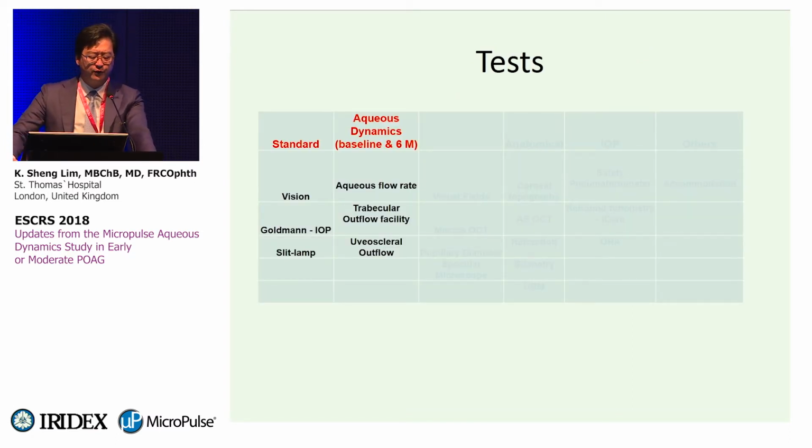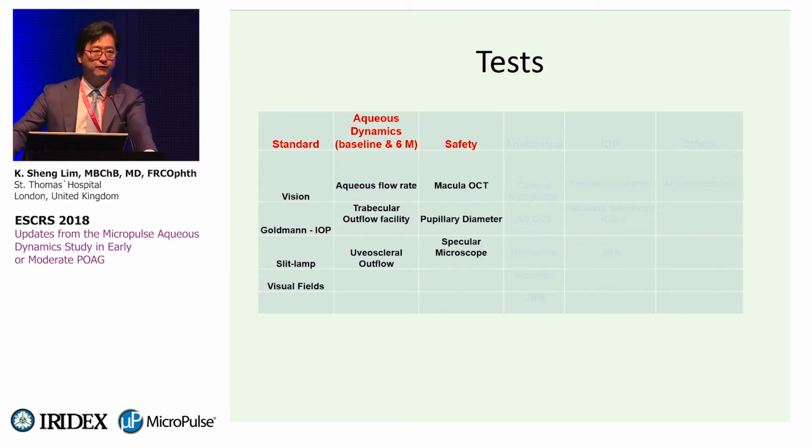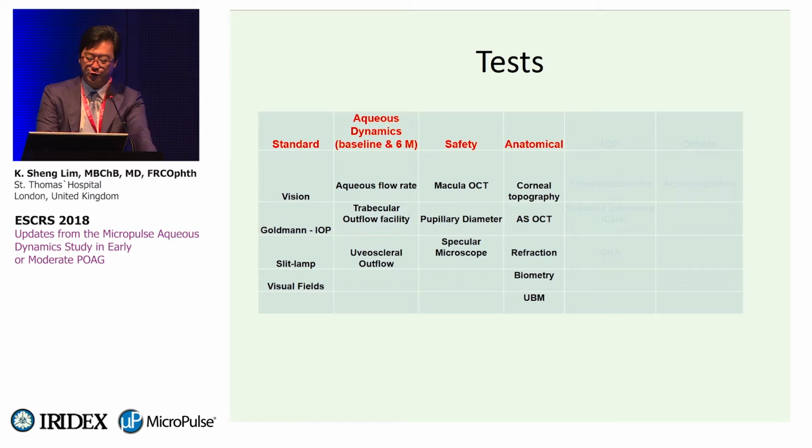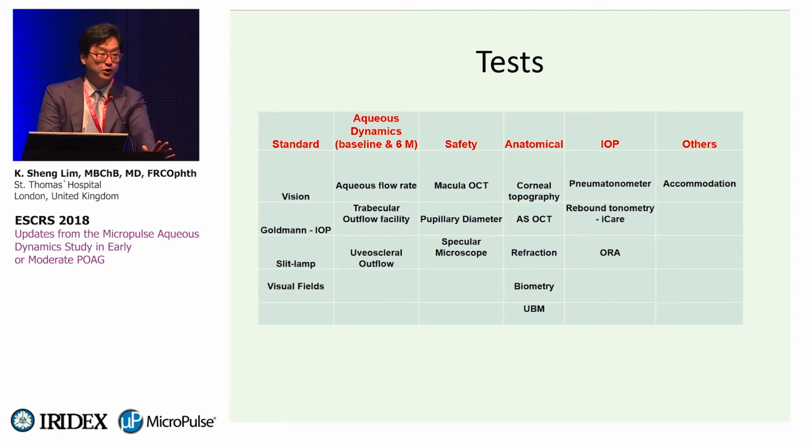Obviously, in order to do that, we have to measure the parameters we mentioned earlier, but for safety reasons, we are also measuring OCT, pupil diameter, specular microscopy. We're looking at topography, the anterior segment OCT, refraction, biometry, UBM. We measure IOP by 4 techniques, including iCare, pneumotonometer, and Aura, and we are also measuring the accommodation.